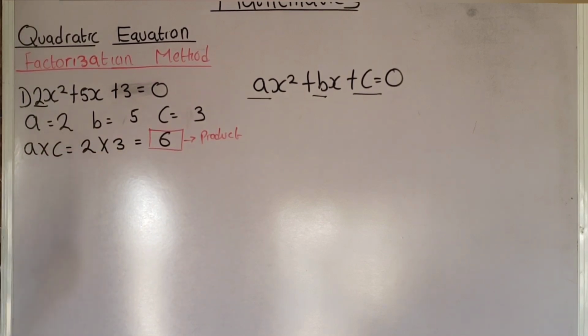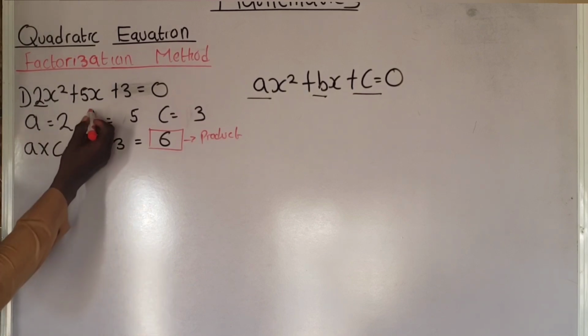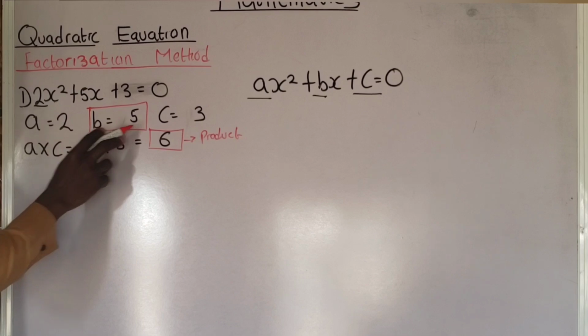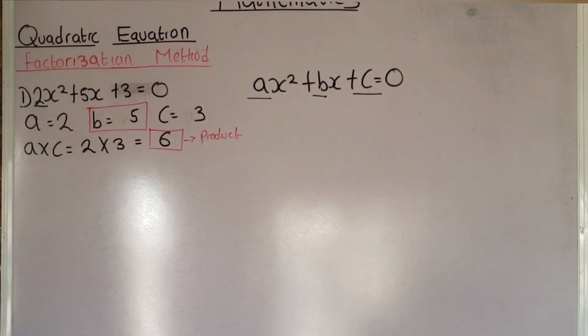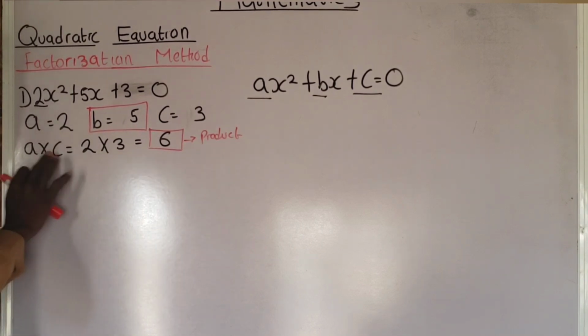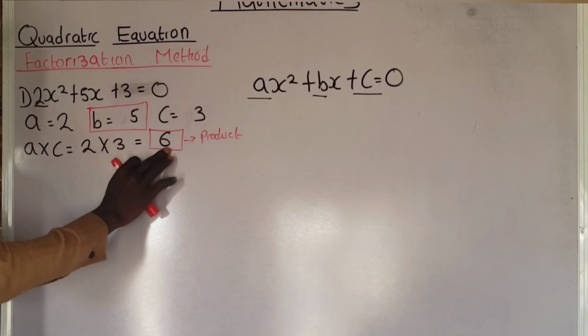The second term is B, and it is 5. Now, the next step is to think of two numbers whose product gives you the product of A and C. What is the product of A and C? It is 6.